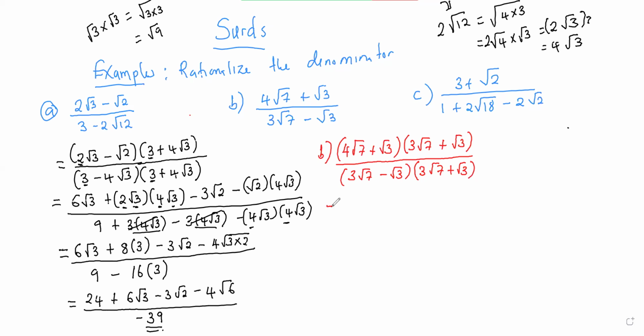And now we multiply. So we have 4 times 3, that's 12, and then root 7, that's 7. And then plus 4 root 7 times 3. Remember what we did? Plus 9 root 7. And then plus root 3 times root 3, so it will give us a 3.